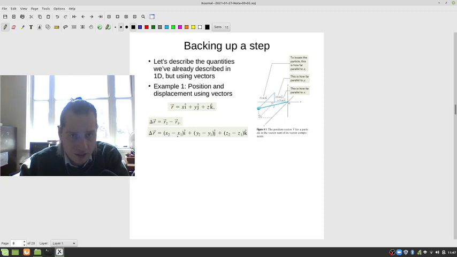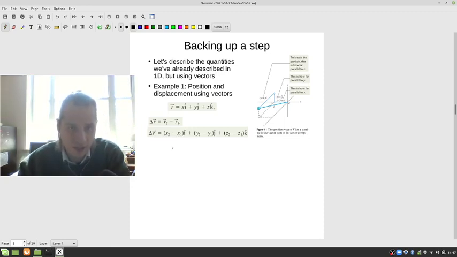Final position in x minus my initial position in x would give us our displacement in x, delta x times i hat, this is a vector now, plus delta y times j hat plus delta z times k hat.